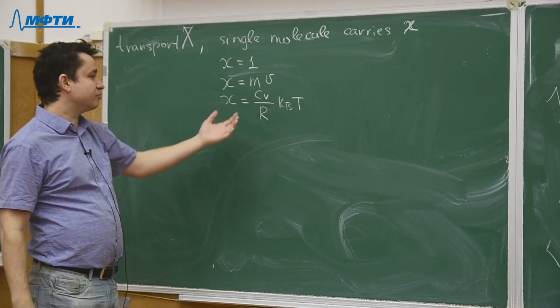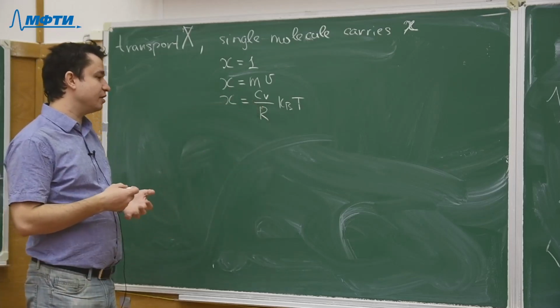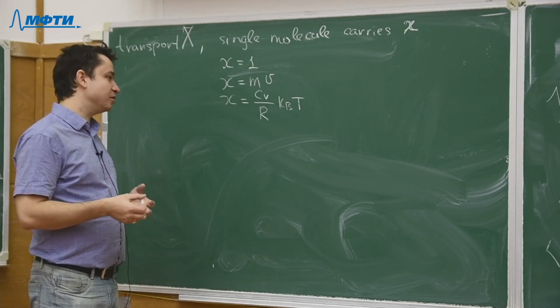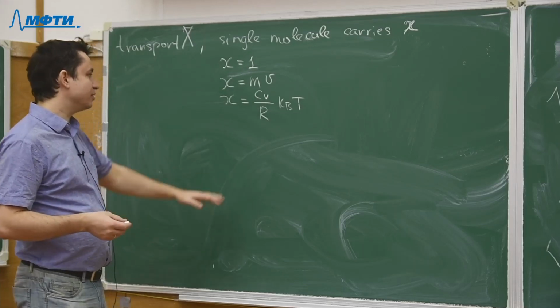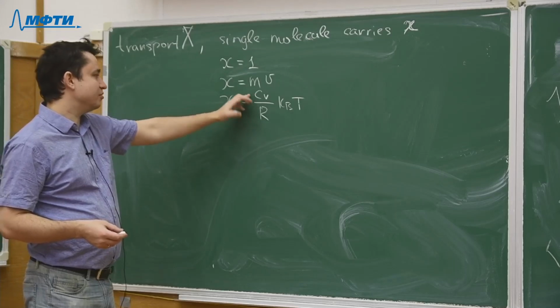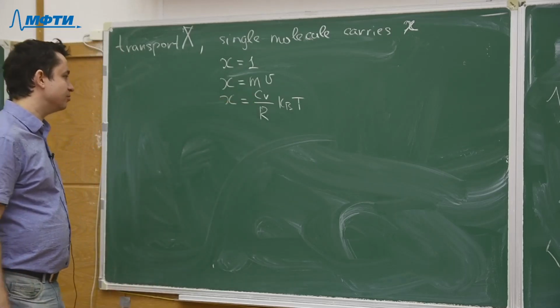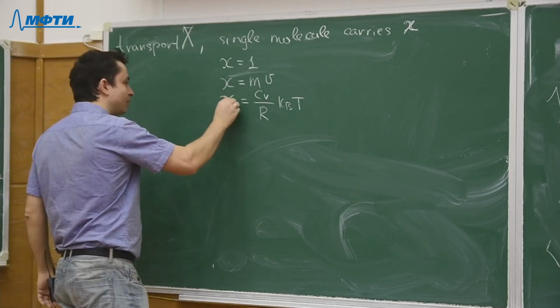And if I don't want to bother with how these molecules are constructed, whether they are single atomic or diatomic or triatomic, then I just write CV over R to represent the amount of energy related to a single molecule.